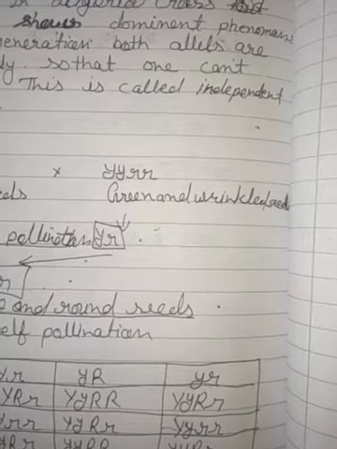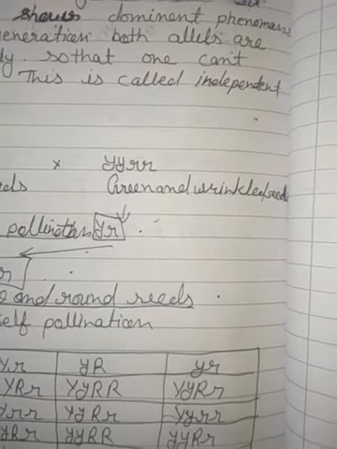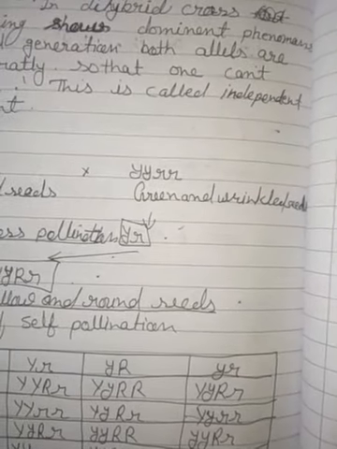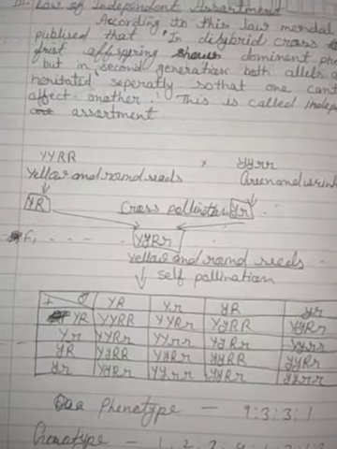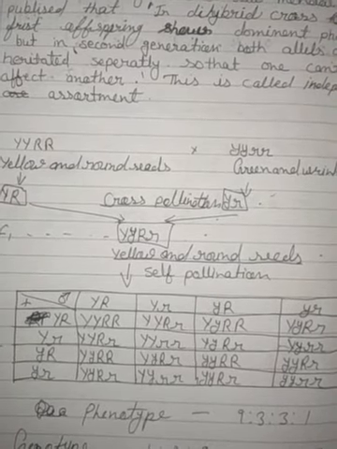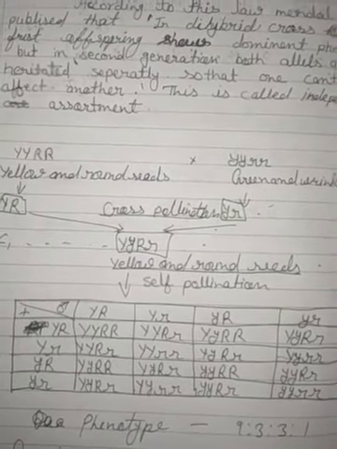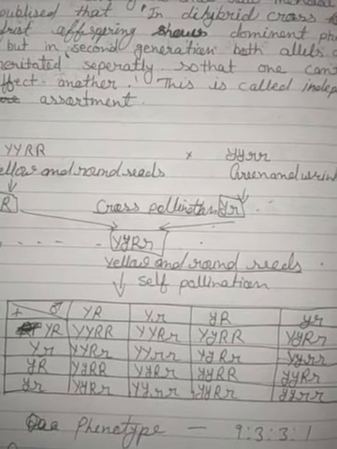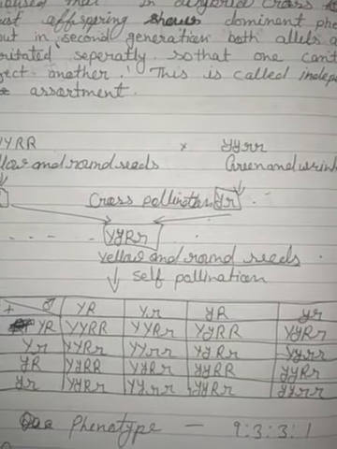These are both recessive characters. So in the first offspring, only dominant characters are shown. This is yellow and round seeds, and it is a mixed character, not a pure character.